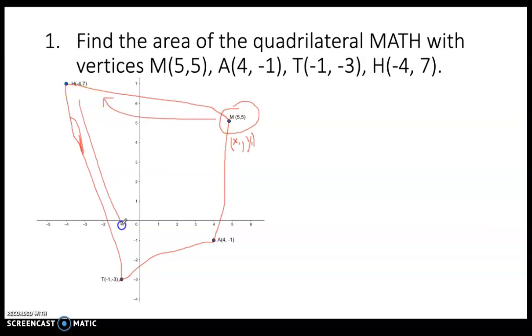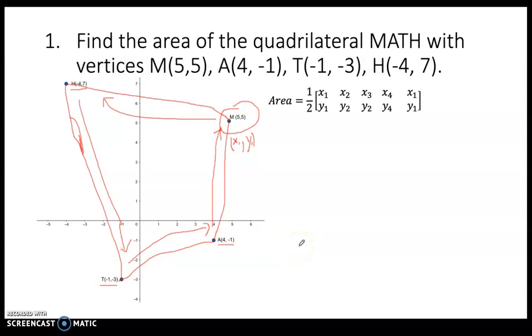Then here. Then this. Then go back again here. Okay? So this would be our x sub 1, y sub 1, x sub 2, y sub 2, x sub 3, y sub 3, and x sub 4, y sub 4.